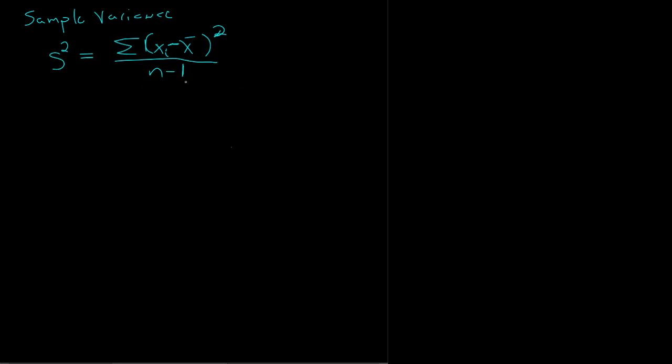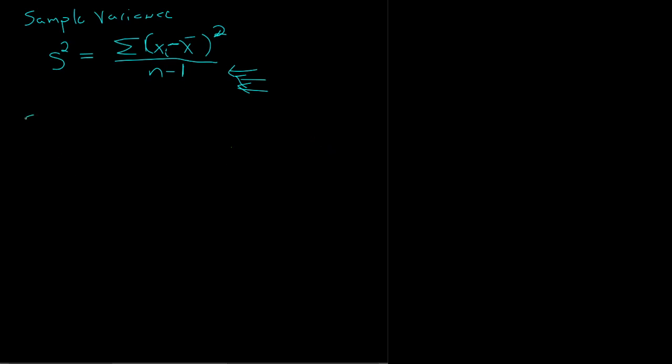Notice this minus 1. And the reason we do this is because as I'm doing a sample, well, I can always gather one more. Because I don't have the population, I could always go out and grab at least one more thing. And so this says, hey, you don't have everything.